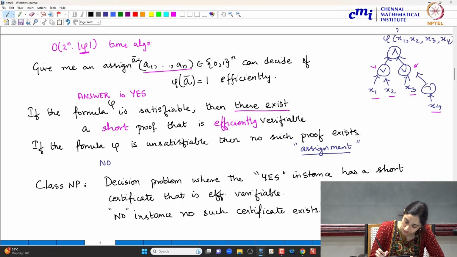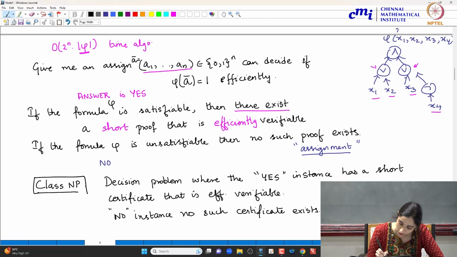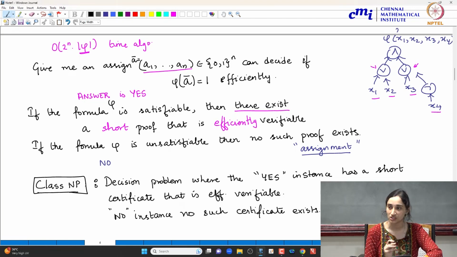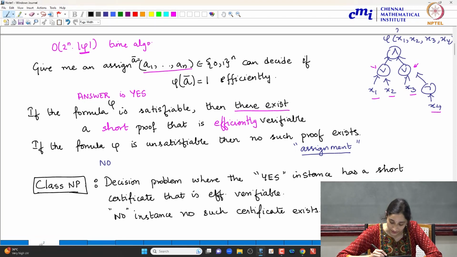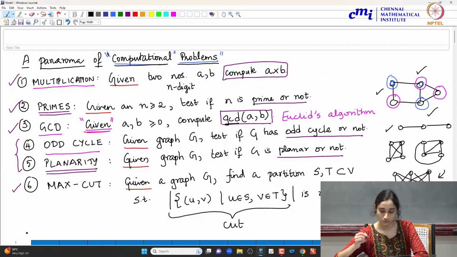N stands for non-deterministic. We have not introduced non-determinism, but you can think of NP as all decision problems that have this property. At least satisfiability definitely has this property. Maybe there are some other problems that have this property.